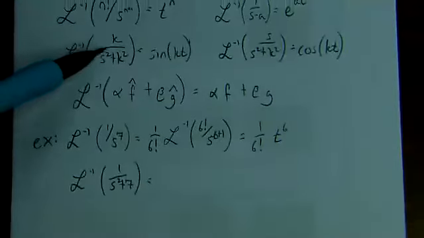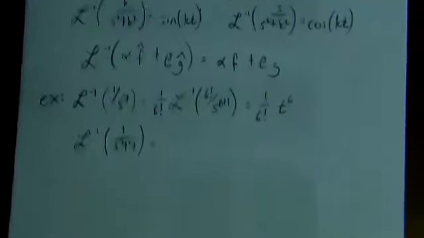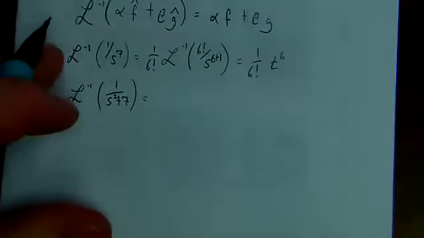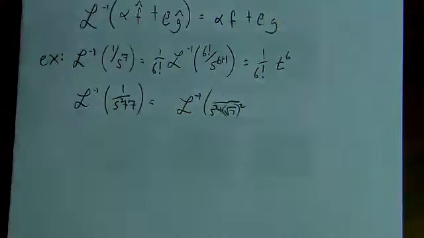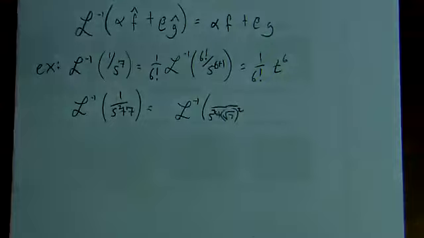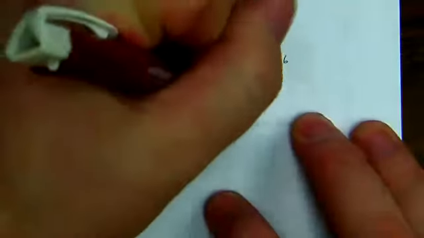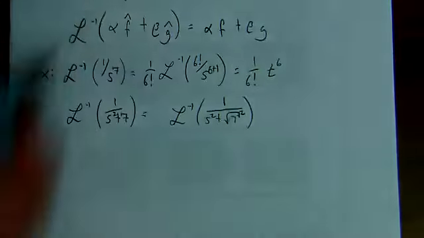But I do see here I've got this same form. I just need it to be s squared plus k squared, and I need a k in the numerator. So if I take a beat and rewrite this as s squared plus root 7 squared, I'm almost where I want to be.